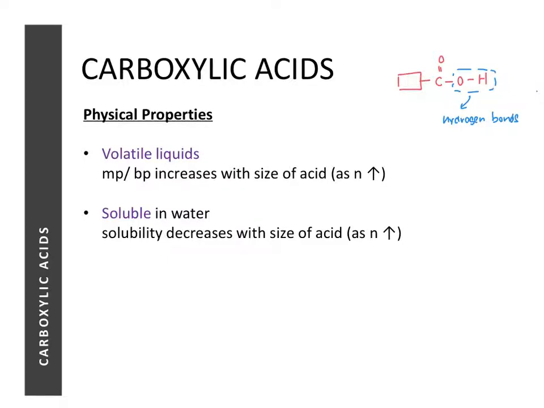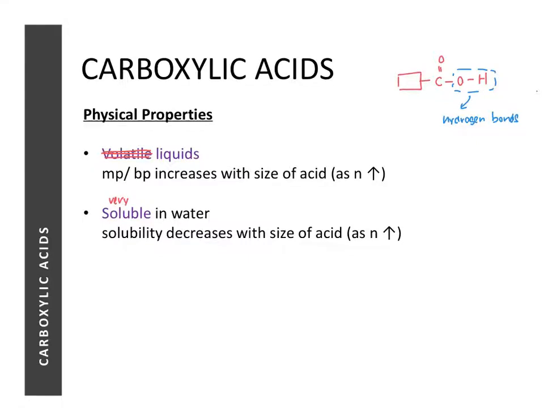So for carboxylic acids, they are no longer volatile liquids, they are simply liquids. The first few members of the carboxylic acid family, they are liquids. Okay, same boiling point, melting point increases as the size of acid increases. And then since acids can form hydrogen bonds with water, they are actually very soluble in water.